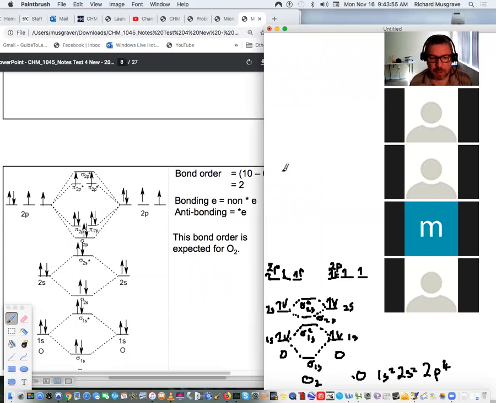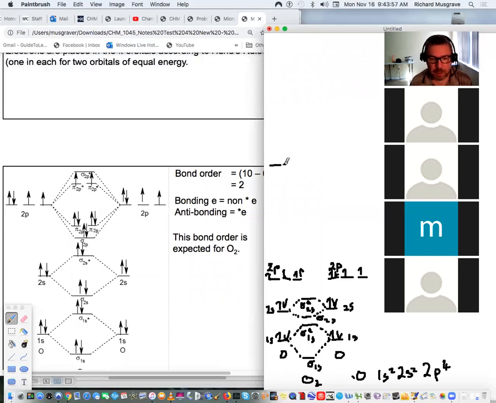Now, when we're doing the 2p, I'm going to show this up here where we have a bit more room. We have actually 3 possible bonding combinations, and 3 corresponding anti-bonding combinations.